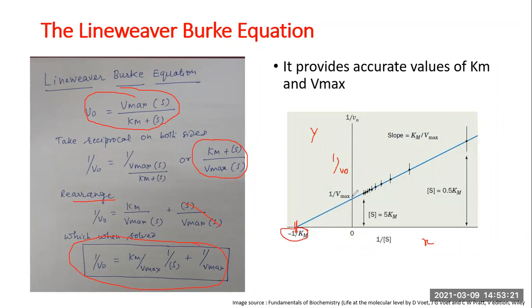And the intercept of this line on the y-axis is 1 over Vmax. This again is going to be the exact value of Vmax, not the approximate value of Vmax as one would get in the direct plot. So this is the advantage of the double reciprocal plot, that you get exact values of Km and Vmax.